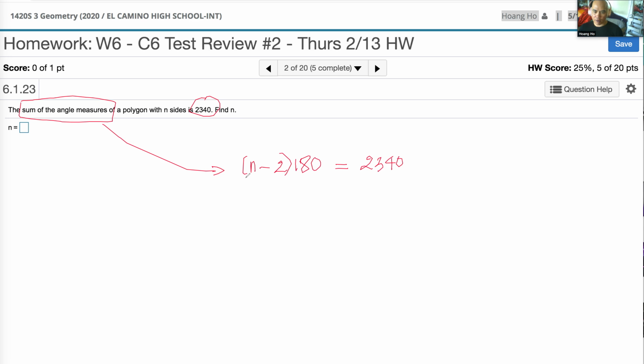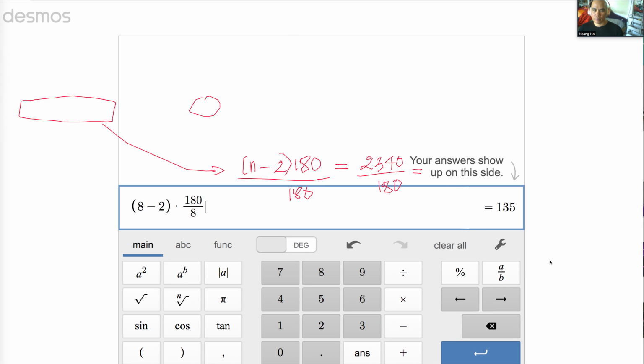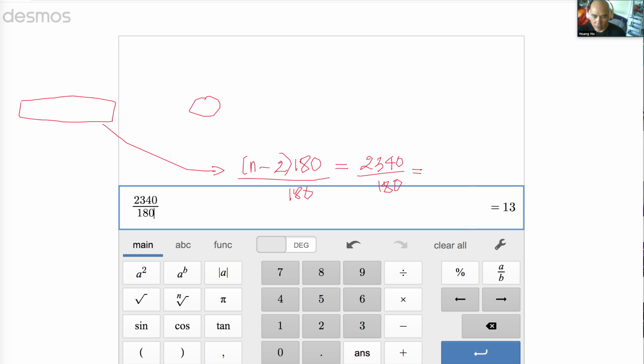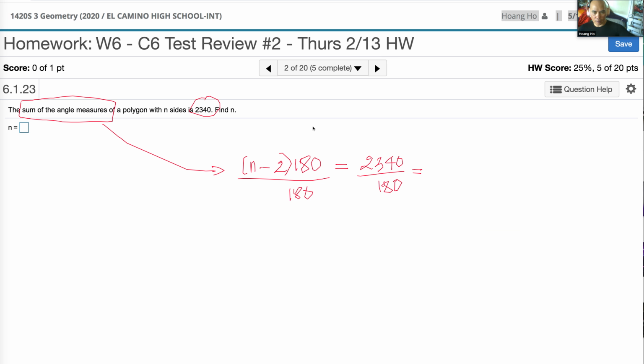First I divide both sides by 180, and let's use the calculator over here. 2340 divided by 180 comes out to exactly 13. So n minus 2 equals 13.